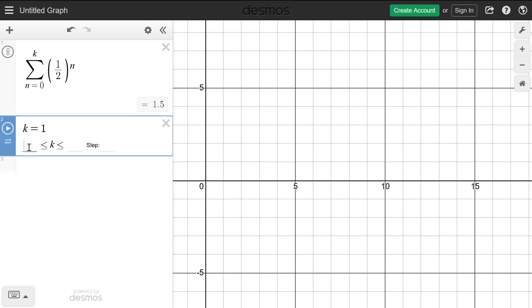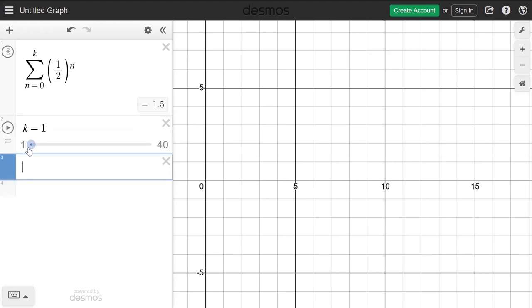And we only want these to be whole numbers, so we'll say k goes from 1 to, let's just say 40 by 1s. And what we think is that the partial sums can be expressed as 2 minus 1/2 to the k, right?